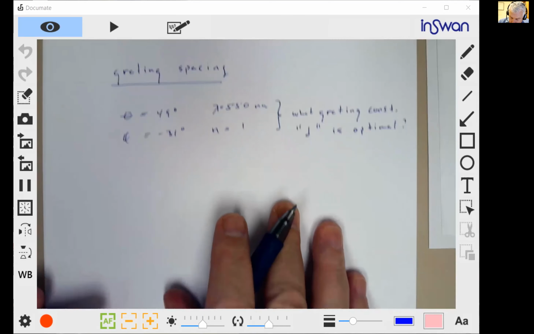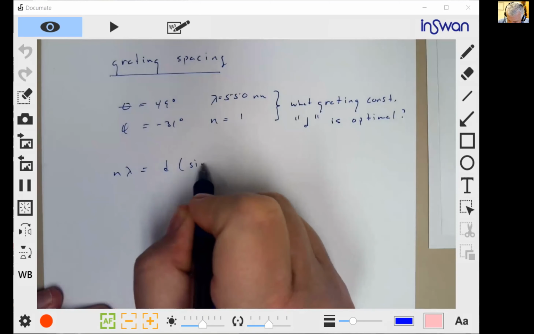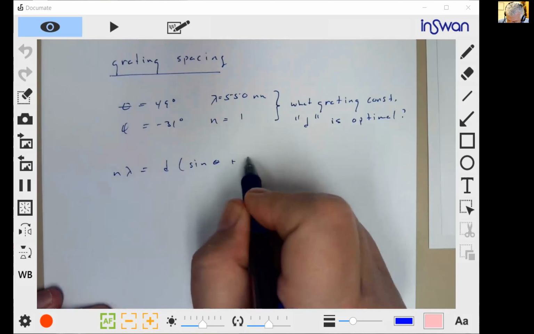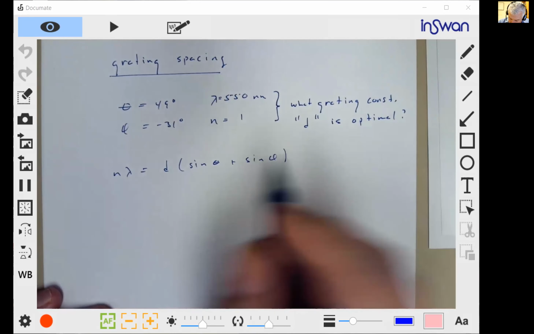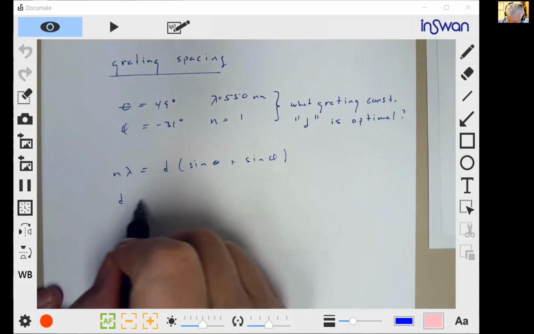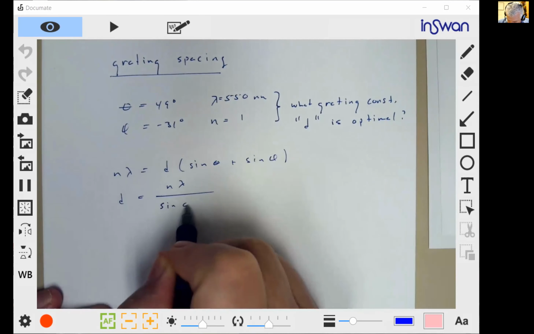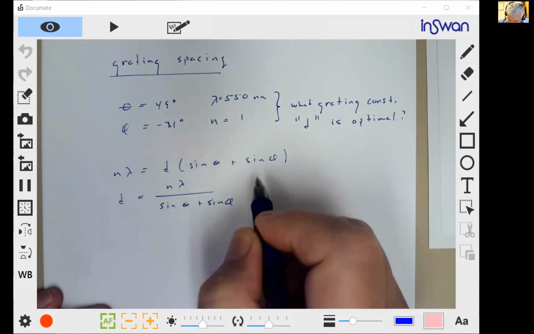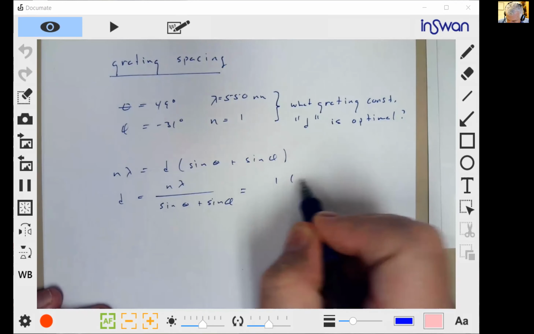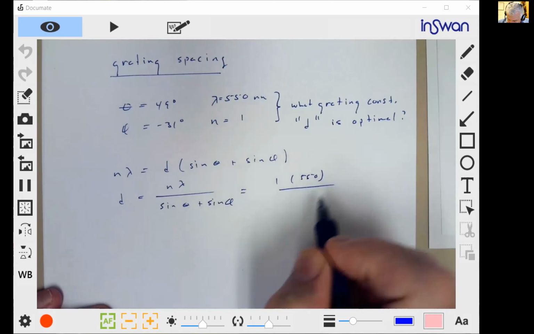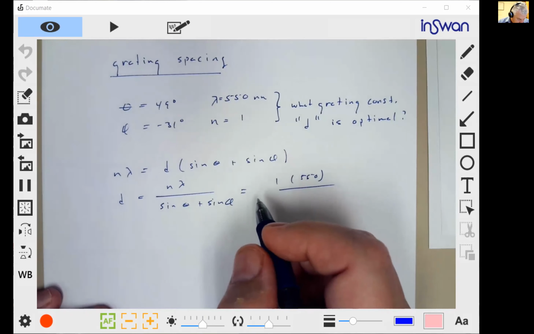And you simply use the grating equation, which is n lambda is equal to D times sine theta plus sine phi. And you rearrange for D. D is equal to n lambda over sine theta plus sine phi. And then just plug in all the values, 1 times 550 over all these other things.